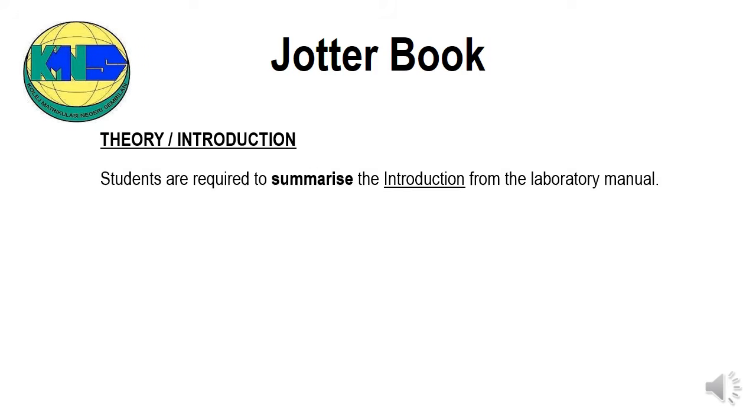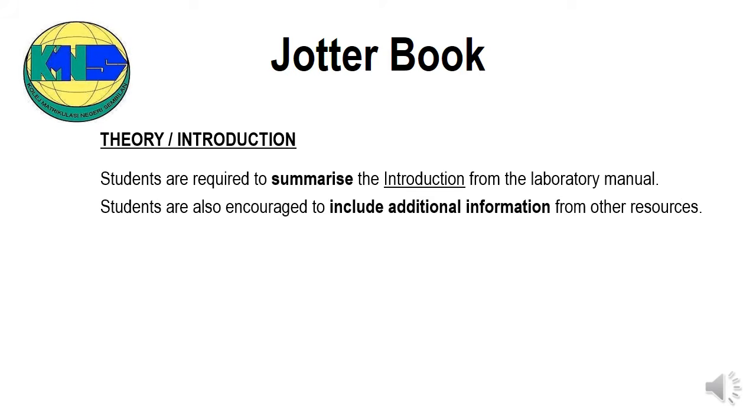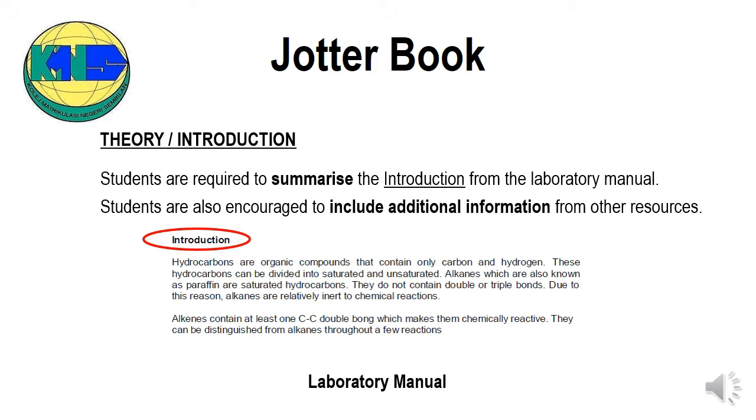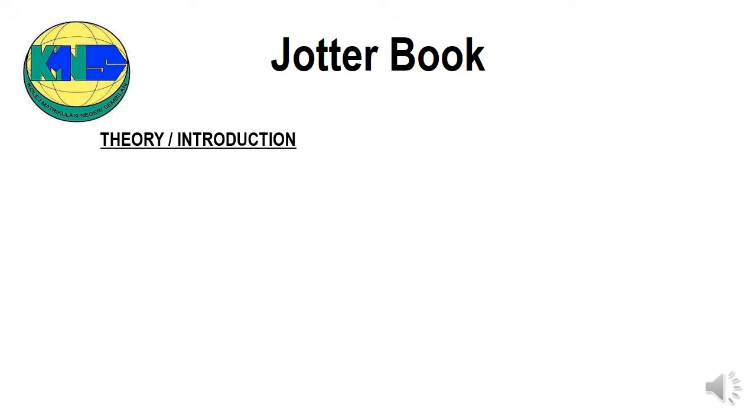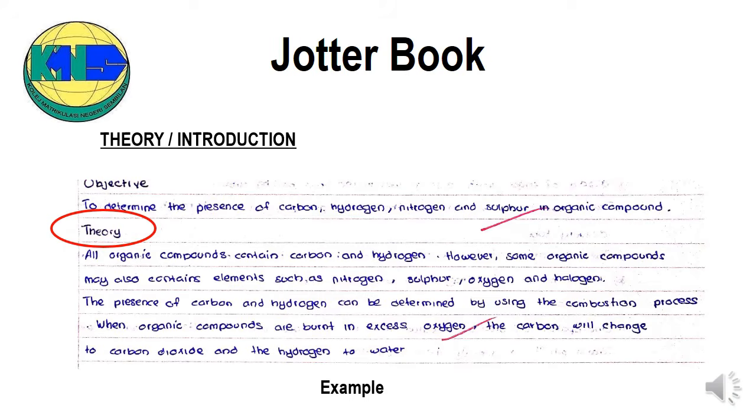Students are required to summarize the introduction from the laboratory manual. Students are also encouraged to include additional information from other resources. Examples of theory or introduction are shown as following.